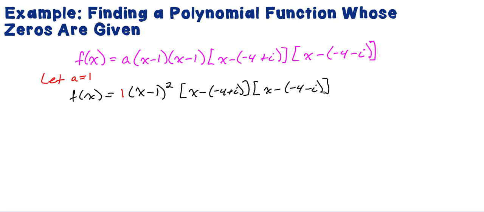So first off, we can just drop the 1 because anything times 1 is itself. We're going to square this out, so that's going to become x squared minus 2x plus 1. And then we're also going to square this. If you realize, we could actually rewrite this a little easier.